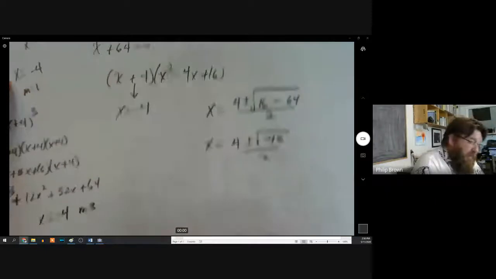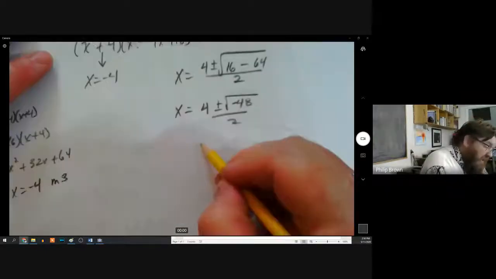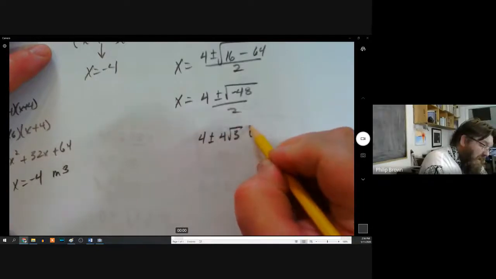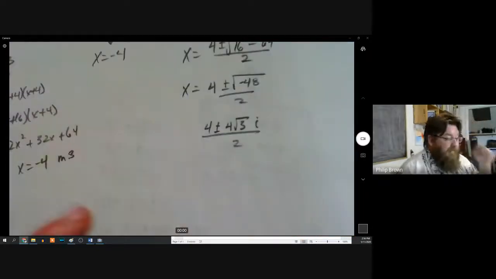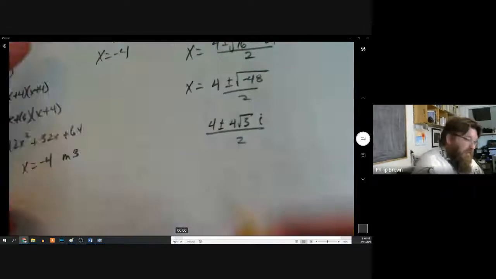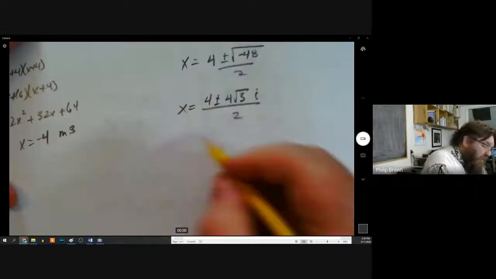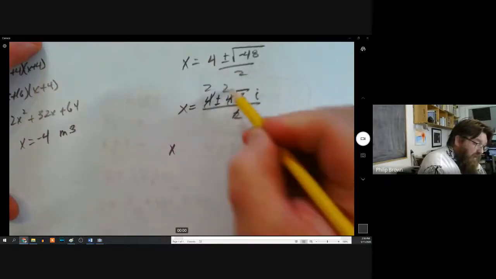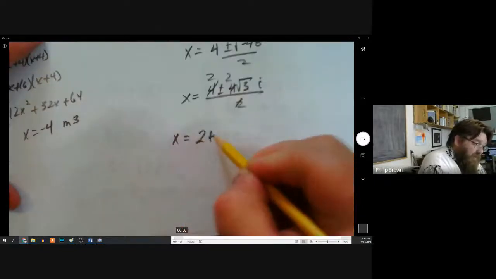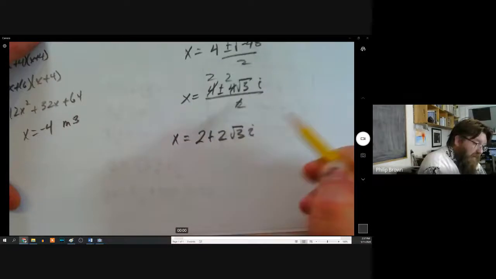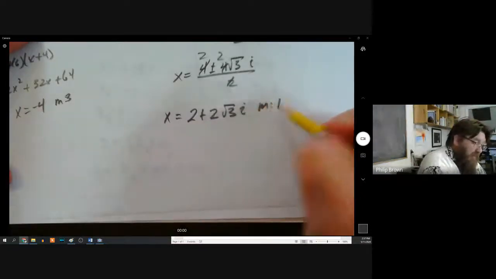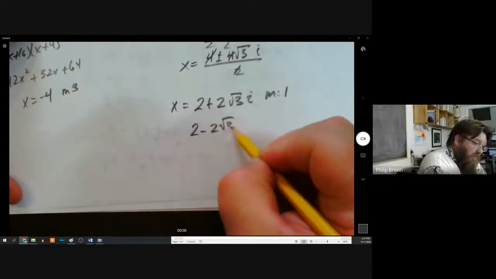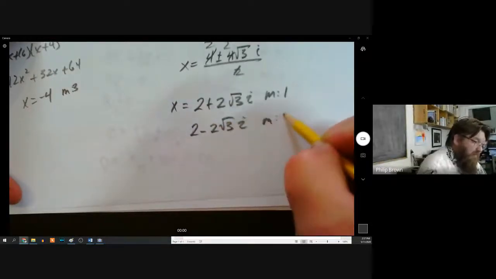The square root of 48 can be simplified, so you're going to get 4 plus or minus 4 root 3 i over 2. The problem is that's not written as a complex number, so you need to reduce it and rewrite it. The 2's are going to reduce with the 4's. So you have one answer that's 2 plus 2 root 3 times i, multiplicity 1, and you have 2 minus 2 root 3 i, multiplicity of 1.